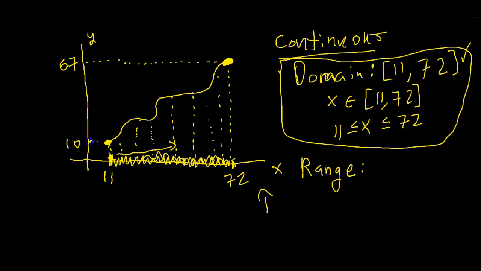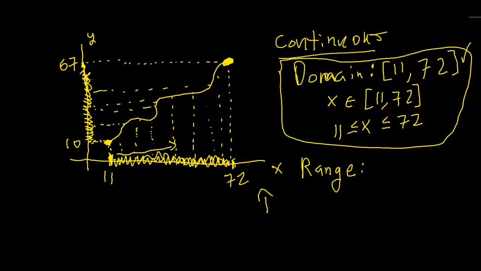The lowest value on the y-axis that this function corresponds to is positive 10, and then it goes up from there. This is an output, this is an output, and so on. So this function covers the entire interval of the y-axis from positive 10 up to and including positive 67.